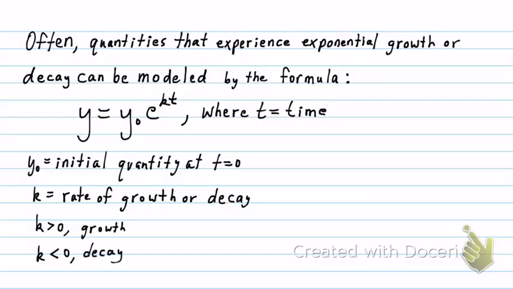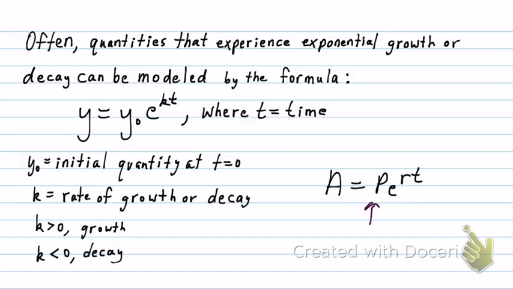Now this formula is actually very similar to something we've already seen. Think of PERT. In fact, P is the initial amount invested. Here it's just the initial quantity. Y naught represents the initial quantity.